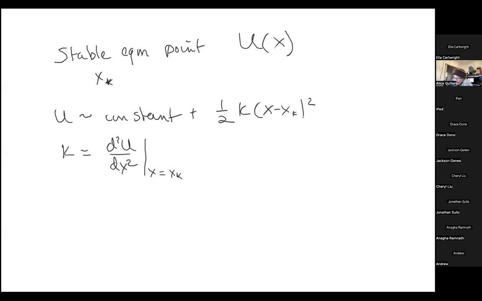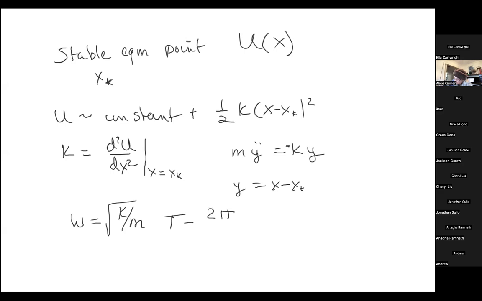And if you have a mass moving near the stable equilibrium point, at the bottom of this, then the equation of motion looks like this, with a minus sign, y, where y is equal to x minus x star. And just like with the harmonic oscillator, the frequency of oscillations looks like this, the period is 2 pi over omega, and the solutions are sinusoidal.